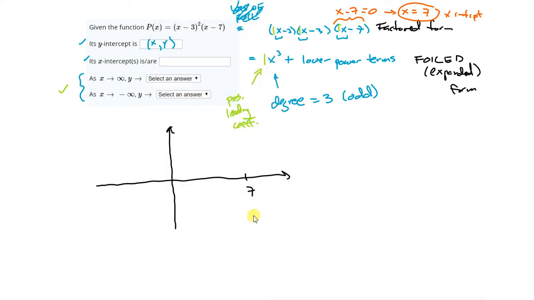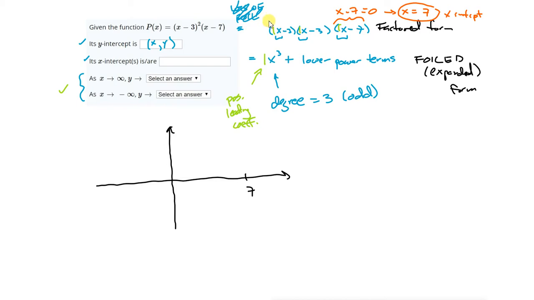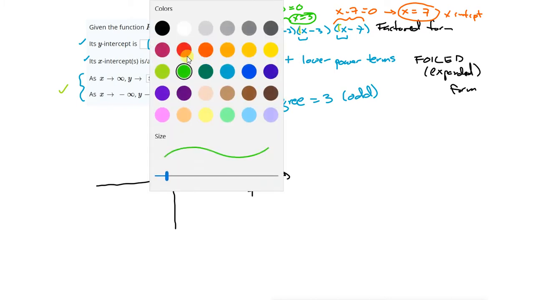Okay, what other x-intercepts? Well, I also have, if x minus 3 is 0, I guess we'll do this in a different color. If x minus 3 is 0, I also get an x-intercept. Where is that going to happen? At x equals 3, right? So that's another x-intercept. x equals 3 is another x-intercept. So let's mark that down.